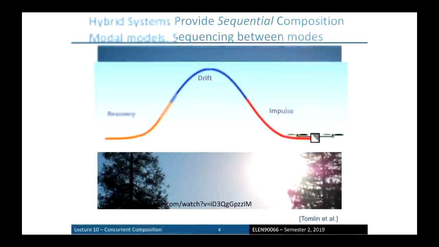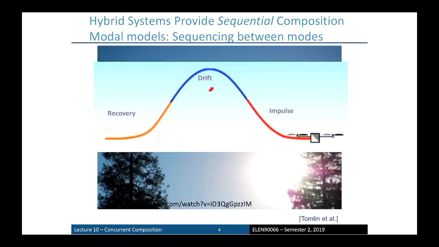Now, the simplest one, which I showed earlier, is, say, for instance, trying to get a drone to do a flip. Okay, so if you think about the overall system, there's kind of 3 modes in the system where there's a different goal for each of the modes. Remember how to do the flip. We give the drone an impulse in order to imbalance it, basically, to make it flip up.